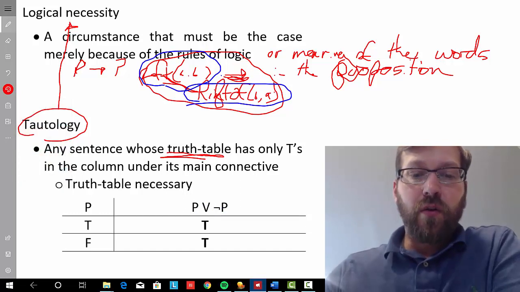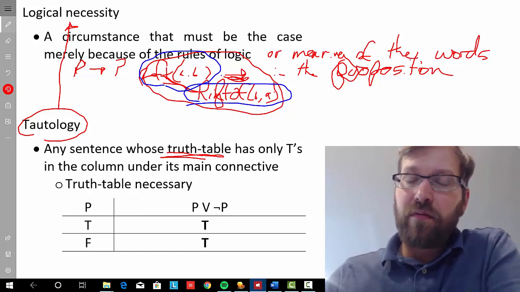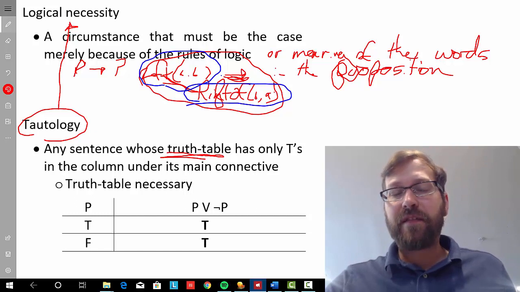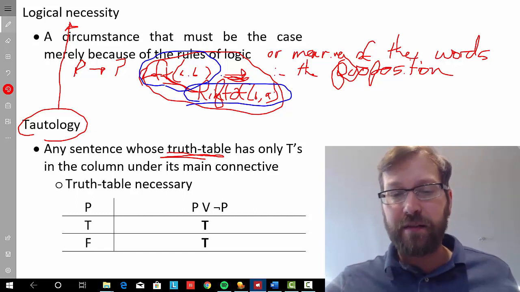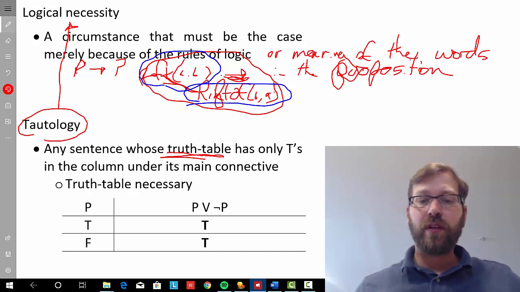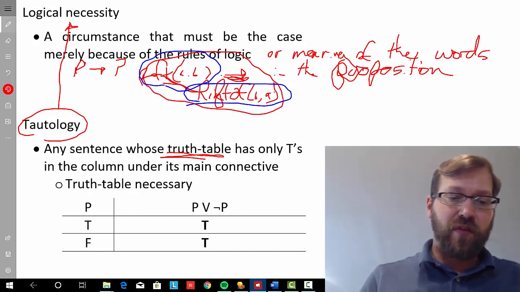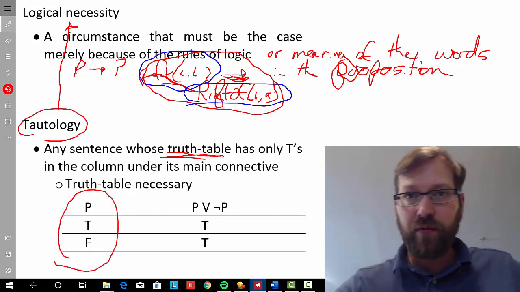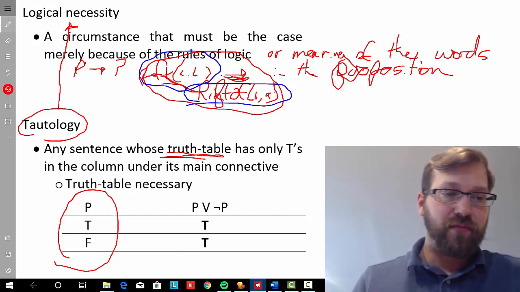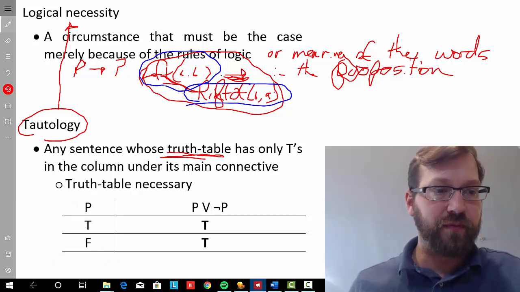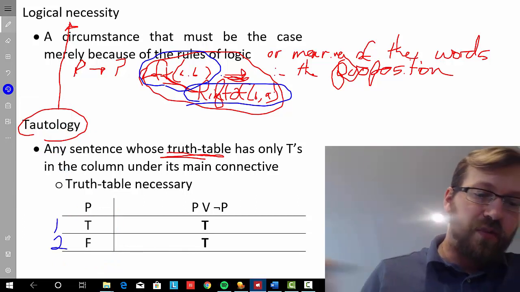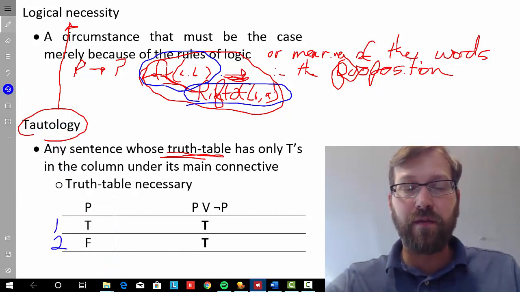Okay, so one of the things that we can use truth tables to look for is to see if the meaning of the truth functional connectives that are available to us make it such that a proposition has to be true. That is, when our reference column exhausts all of the possible truth combinations. In this case, since we only have one proposition, there's only two possible truth combinations: the situation in which P is true and the situation in which P is false.